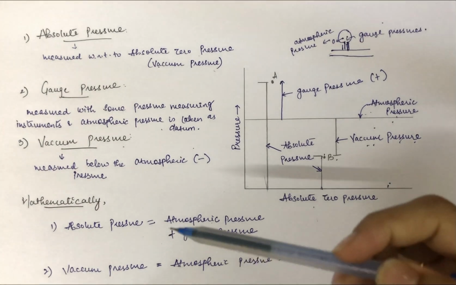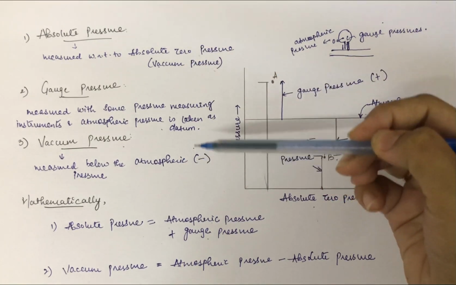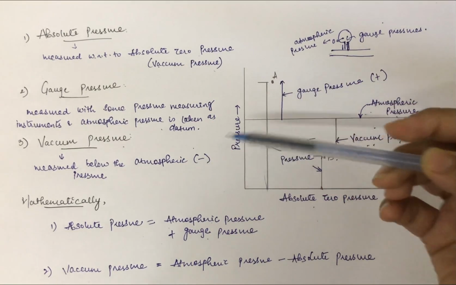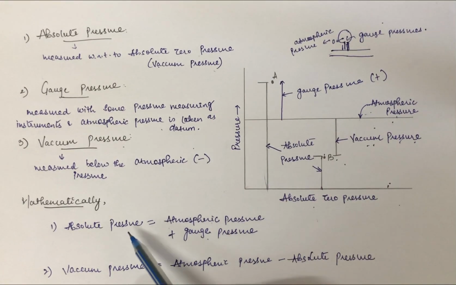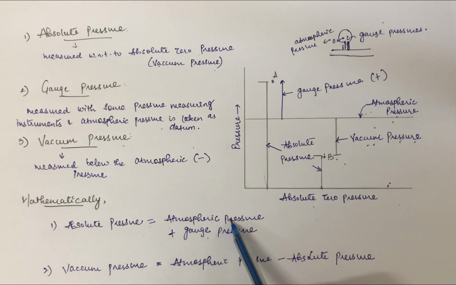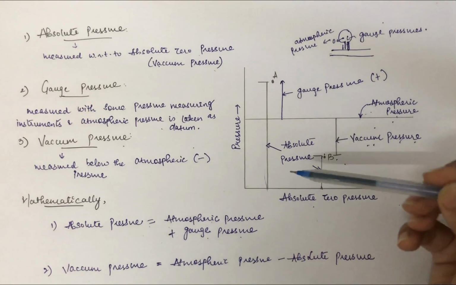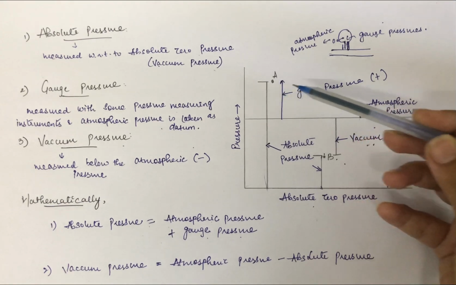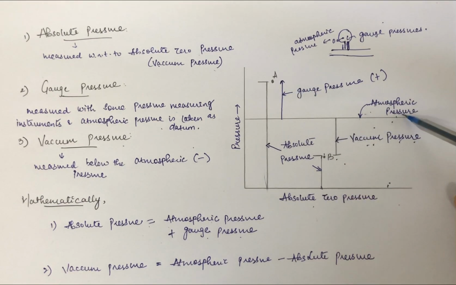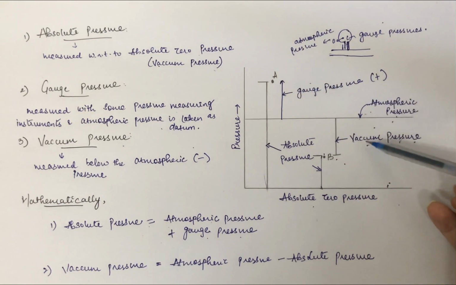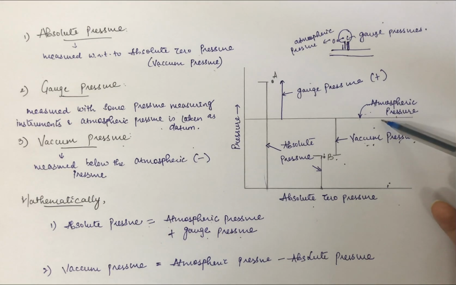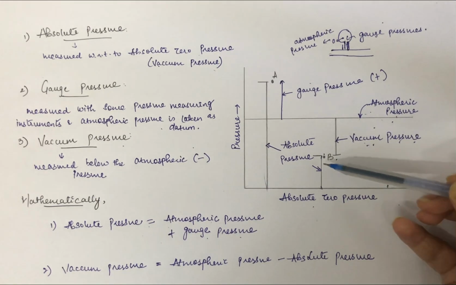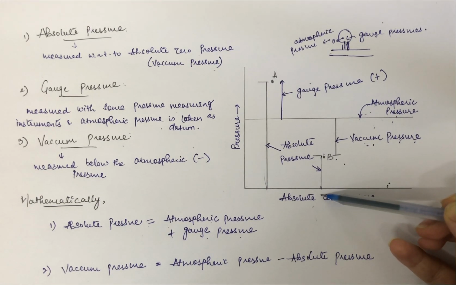Mathematically, to derive the relationship between these three terms, we can see from this diagram that absolute pressure is the summation of atmospheric pressure and gauge pressure, while vacuum pressure is the difference of atmospheric pressure minus absolute pressure.